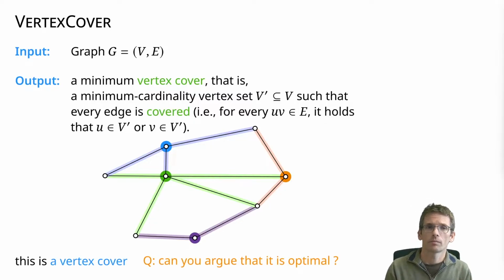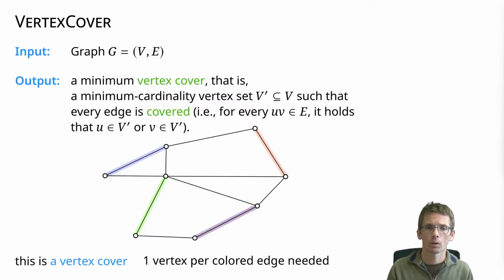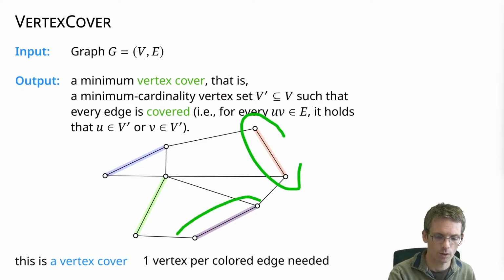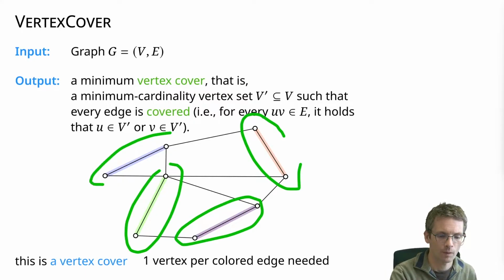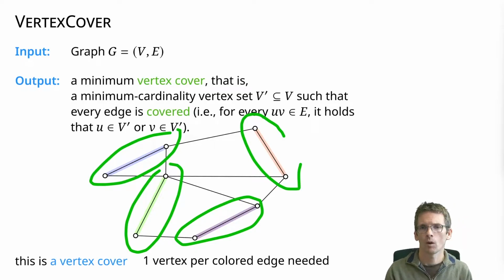So let's see. Assuming it's optimal, can we somehow argue that it's optimal? Here's a simple argument, but which will be useful also later, and that is the following. Look at the following four edges. And let me highlight them once more. Here's 1, 2, 3. Of course, these edges, being part of my overall edge set, have to be covered by a vertex cover, in particular by the minimum vertex cover.